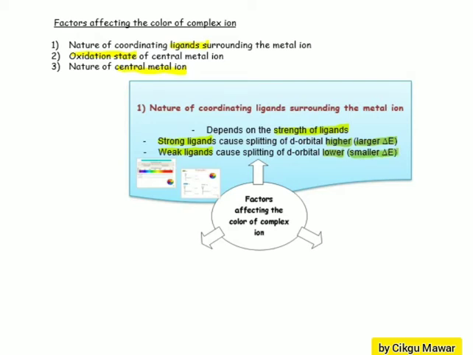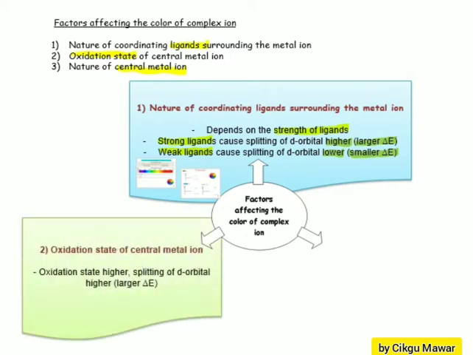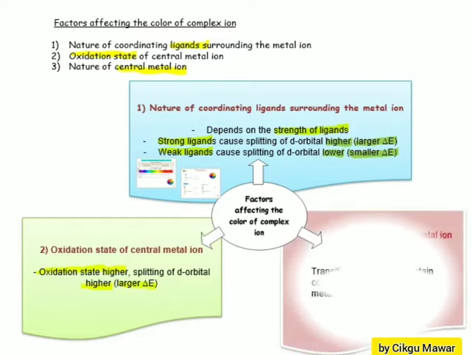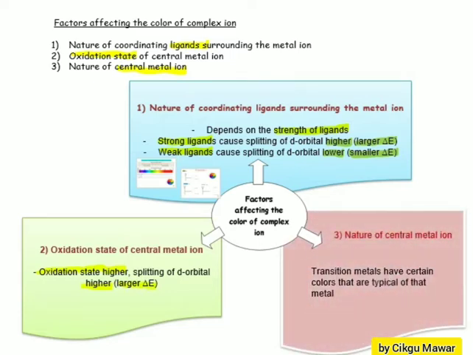The second factor is the oxidation state of the central metal ion. For a higher oxidation state, the splitting of the orbitals will be higher, with a larger energy difference. The third one is the nature of the central metal ion. We know that transition metals have certain colors that are typical of that metal.